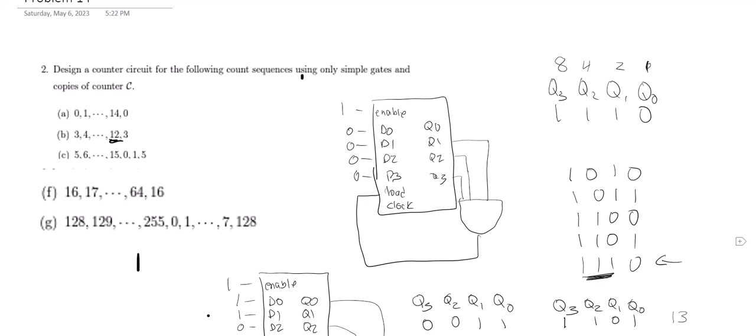Okay, and our last one is a counter that goes from 128 to 7 and then back to 128. So load 128, detect 7.